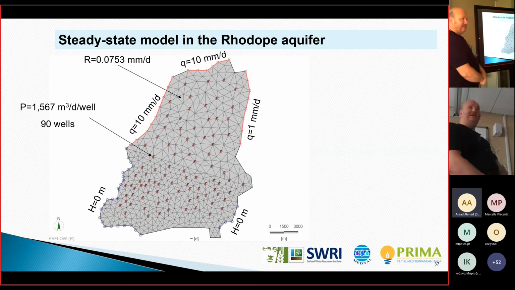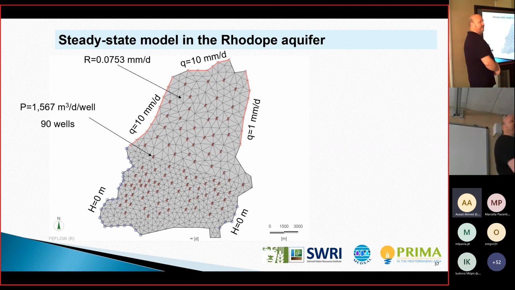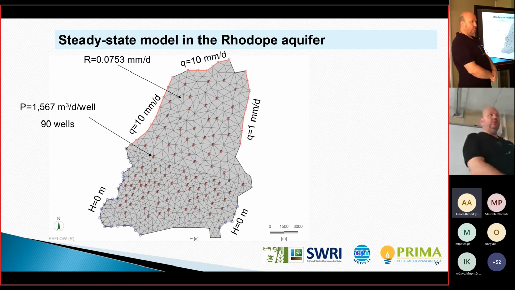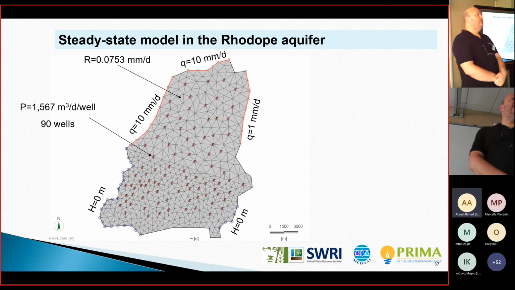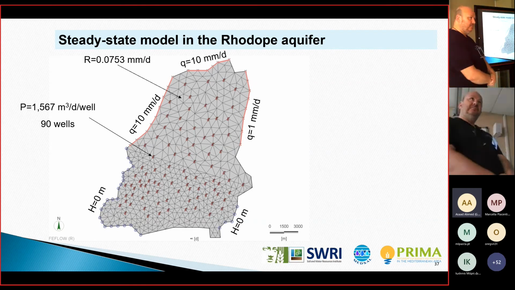So how did we estimate this? There are several ways to do that. It depends on the experience of the modeler and the available information. One way to do this is if you have piezometer data in several parts close to this boundary. You have water level measurements here and here. So you can estimate the hydraulic gradient. And if you have the hydraulic conductivity, you can get an initial estimation.